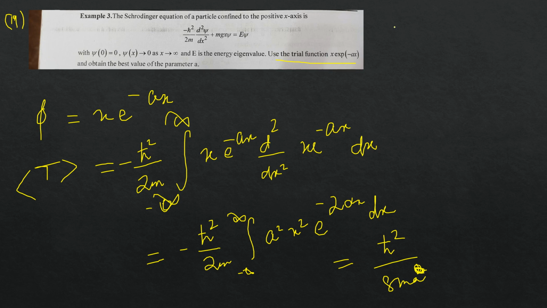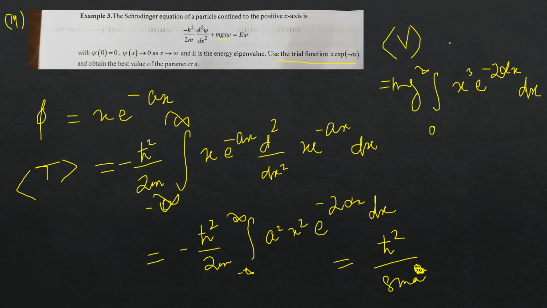Exactly the same thing you will do for potential energy. Potential energy also you have to do. Potential energy is given as mgx. So mg goes out, integral from 0 to infinity of x cube e to the power minus 2ax dx.